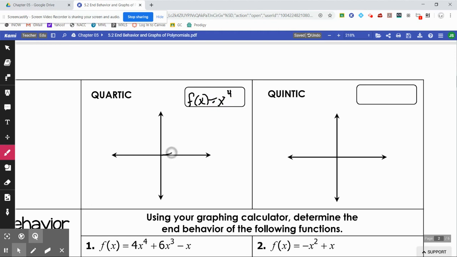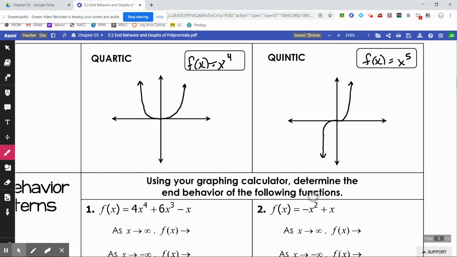Looks a lot like x to the second, except it's going to flatten out more, right around that 0, 0, and it's going to look something like that. Your quintic, f of x is equal to x to the fifth power. Looks a lot like the cubic, except it flattens out around the origin, and then it grows really fast after that because you're raising things to the fifth power.